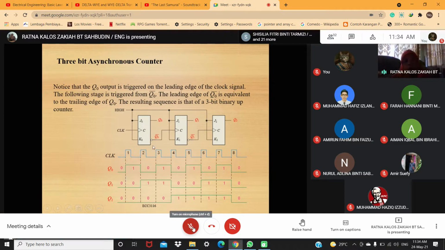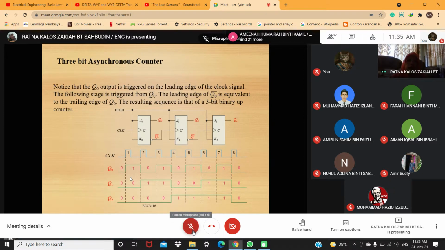The clock for the second stage refers to the Q naught bar of the first stage. Q naught bar is just opposite of Q naught. So instead of Q naught bar, you can also look at Q naught. Understand?